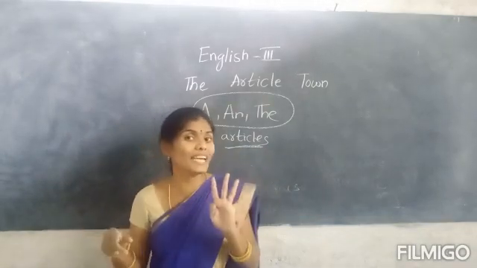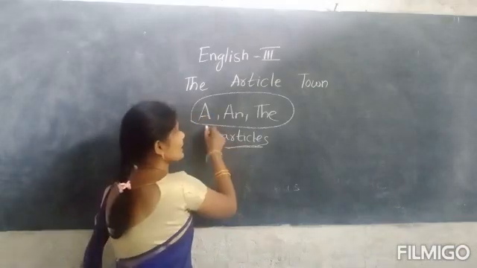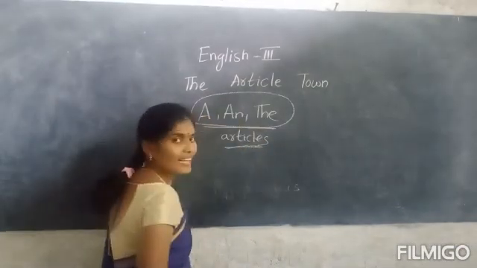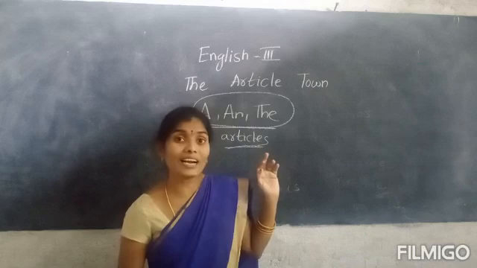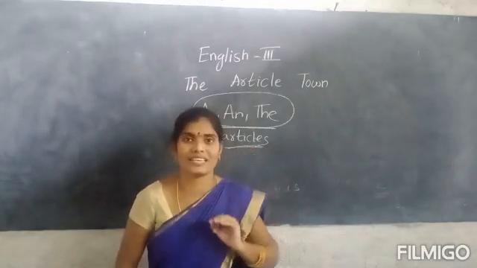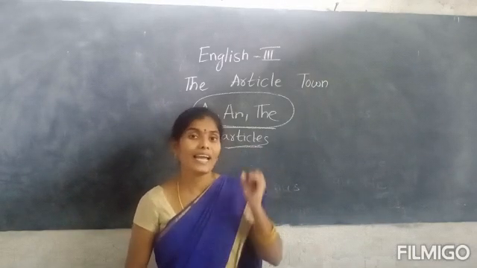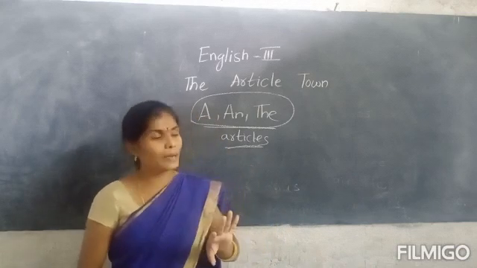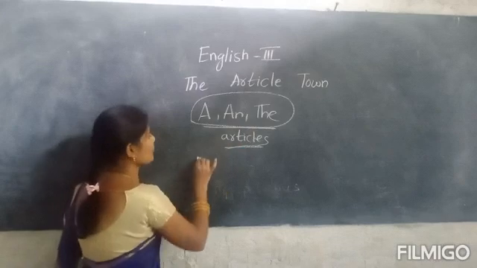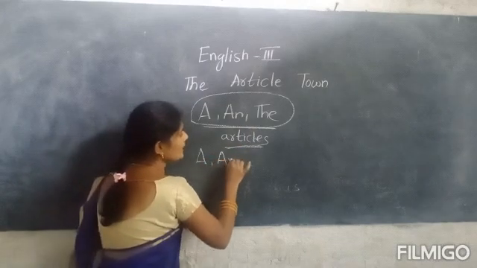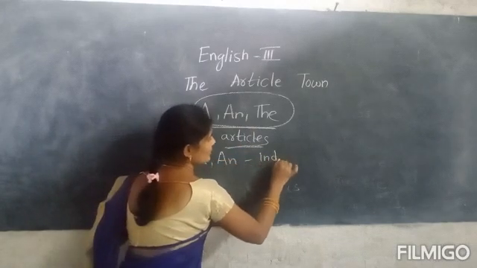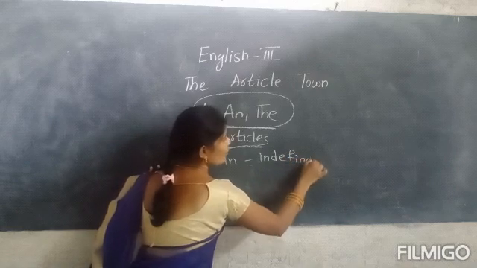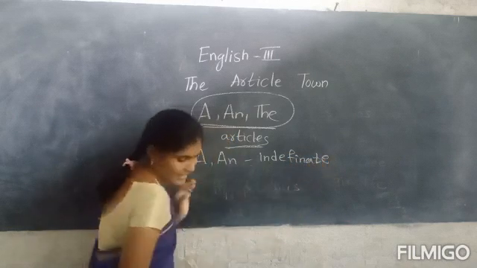In my town, how many are there? Three are there. Who are they? A, an and the. Of them, two are indefinite articles.